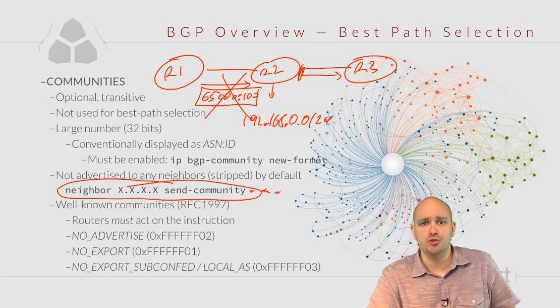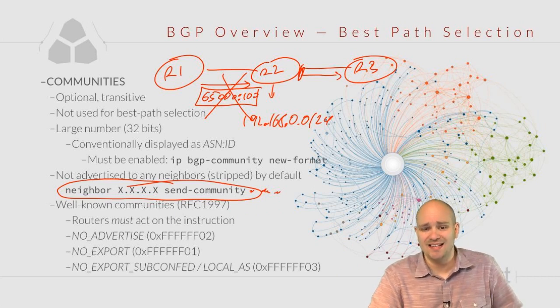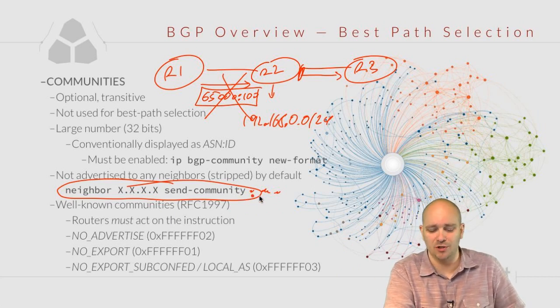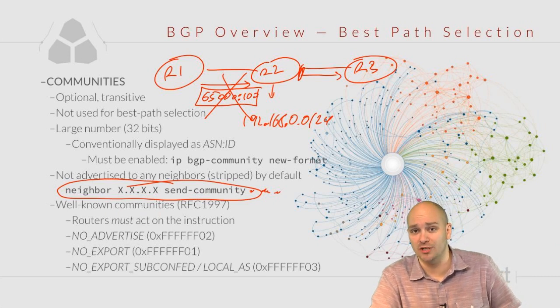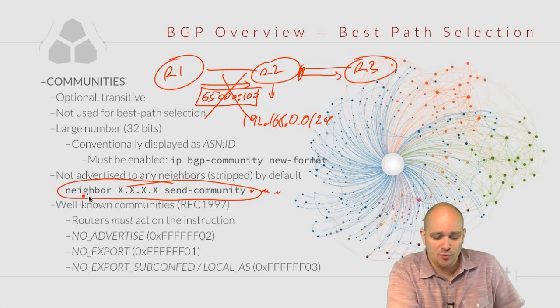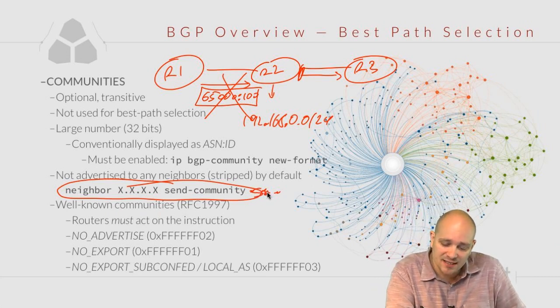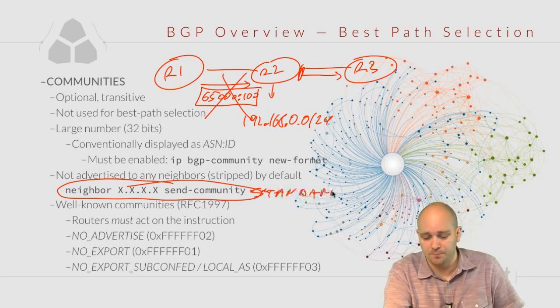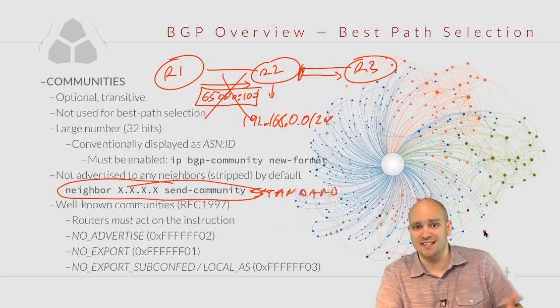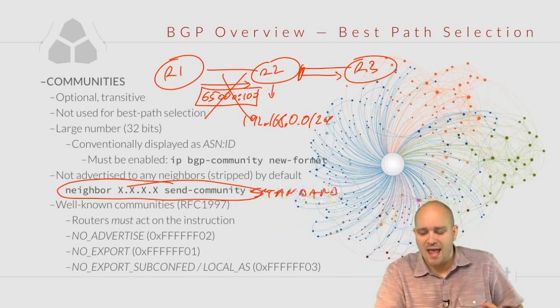If you want to use those scenarios, in that case you might want to say neighbor send-community extended or neighbor send-community both. But if you just do neighbor send-community, it's the same as saying neighbor send-community standard, which are basically just the standard normal communities.